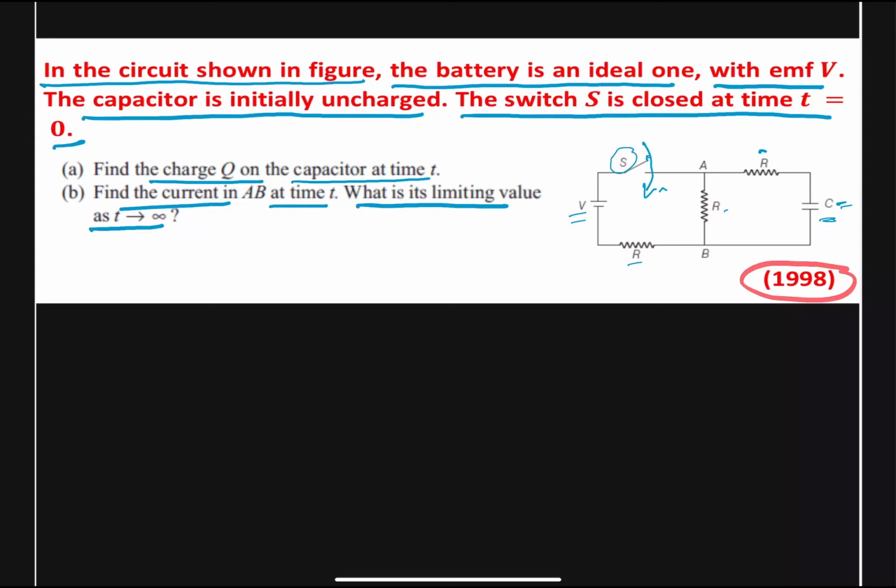Okay. And let us assume that when the switch S is closed, the current that is flowing, let us call this current I1, and the total current here, if that is our I, then we can say this is equal to I minus I1.